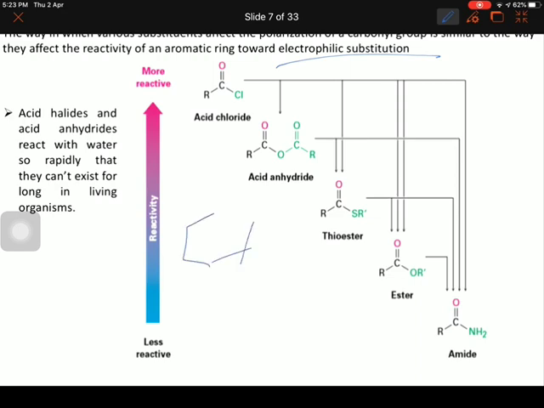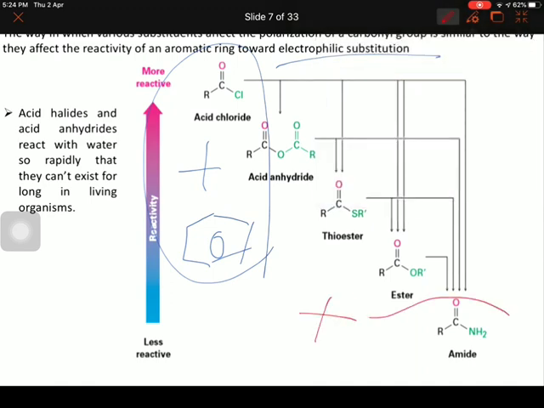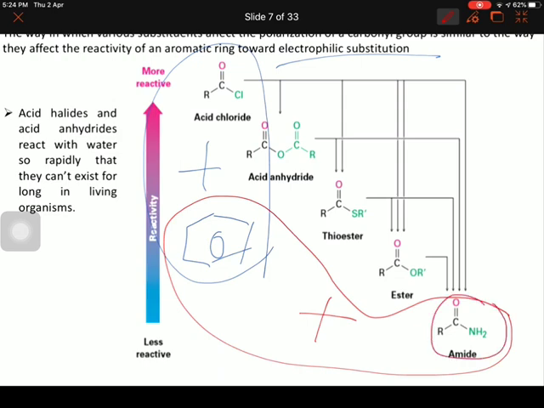If we have a benzene ring, an aromatic ring, plus the acid halide, its reactivity is higher than the reaction of the amide with the benzene ring. Why? Because the amide is less reactive, since the polarity of the amide is less than the electronegativity of the chloride in the acid halide. So the chloride is easy to remove, but the amide group is not easy to remove compared with the acid chloride.